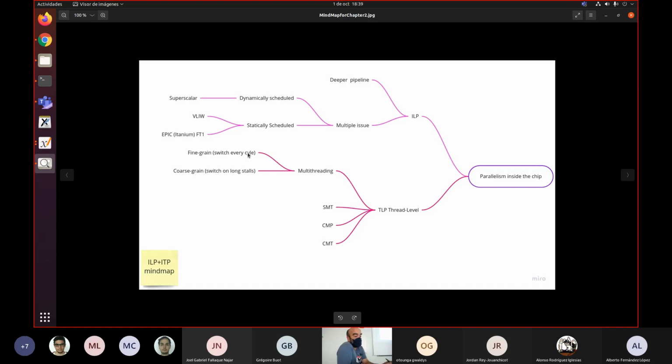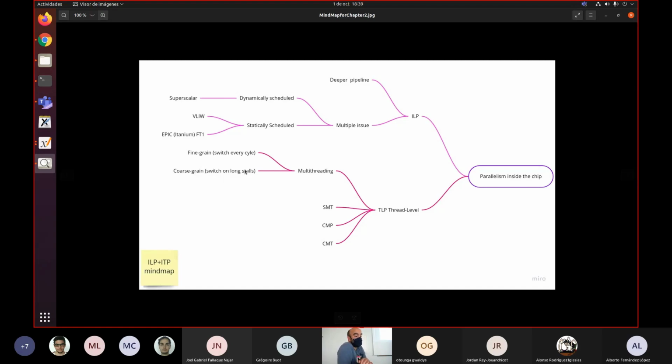And we can do this switching at a finer grain, which means that we switch every cycle, and there are examples of architectures from this century that are implemented like this, although this is not a very popular idea. And then the other idea is switching on long stalls.